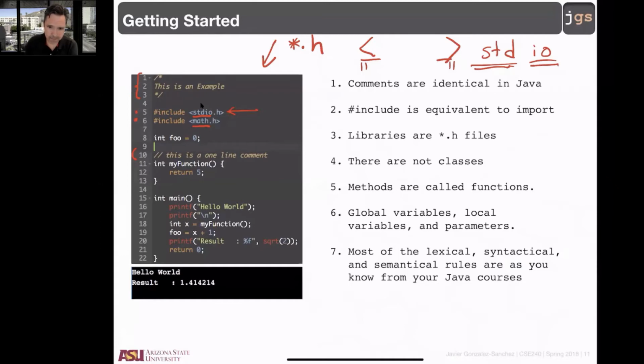Moving forward, a variable declaration: the type, int, the name, foo, equal 0. Global or local? Global. Why? It's not inside of any method.